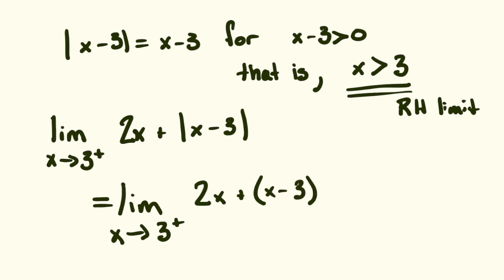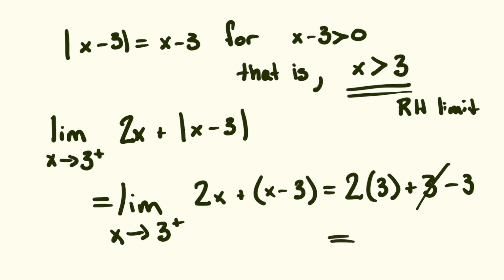At this point, we can actually plug our number into our equation, and let's see what we end up with. 2 times 3 plus 3 minus 3, which, since our 3's cancel out, gives us a 6. So there's our answer for our right-hand limit of this particular question.